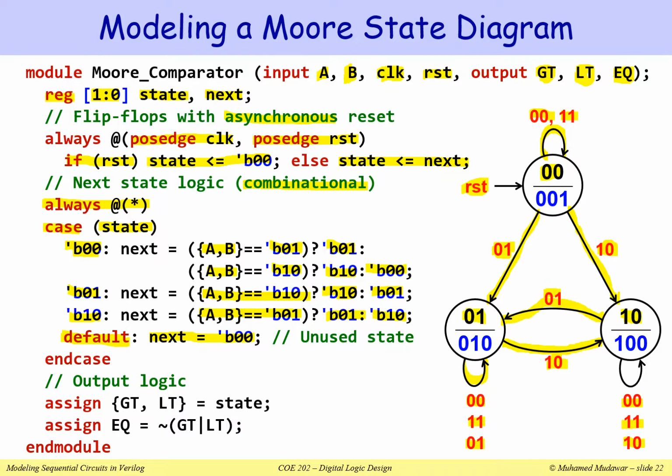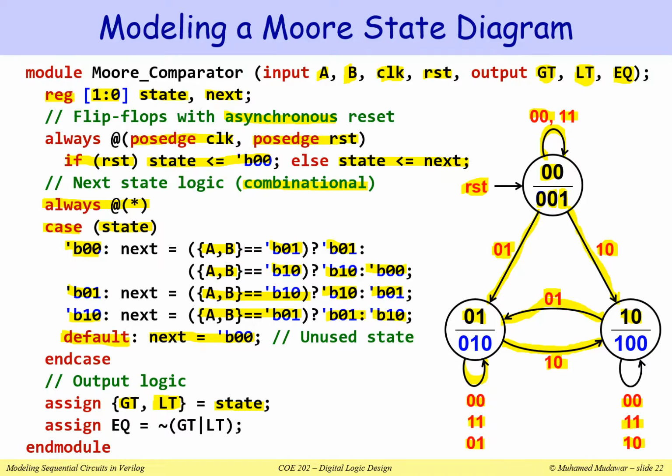Finally, for the output logic, the output turns out to be very simple. I have three outputs: greater than, which is actually this first bit, then less than, and then equal. Notice that greater than and less than are identical to my present state. If I am in state 0, 0, then greater than will be 0 and less than will be 0.